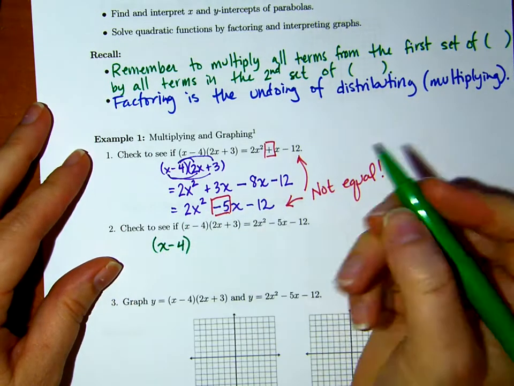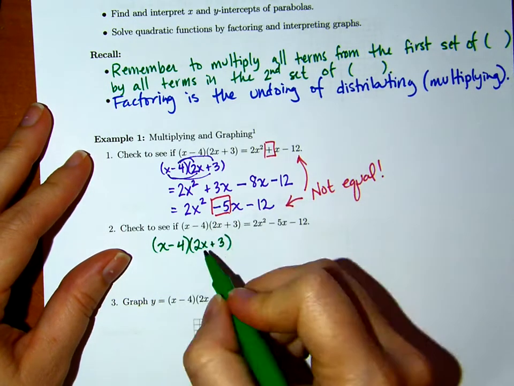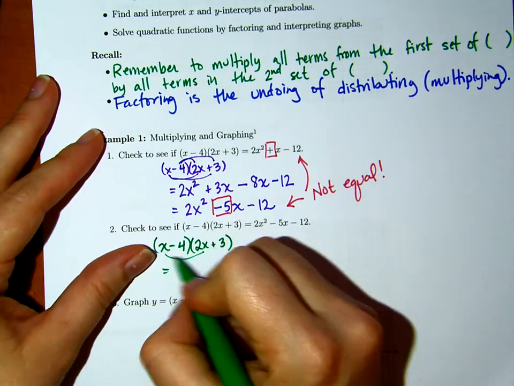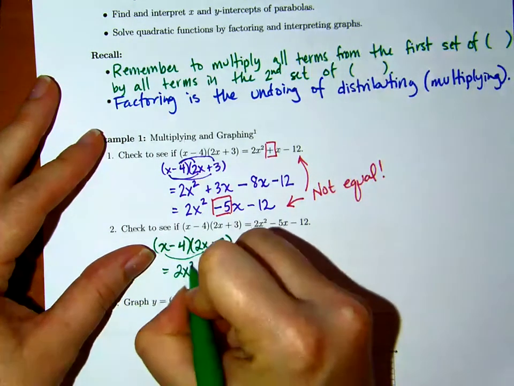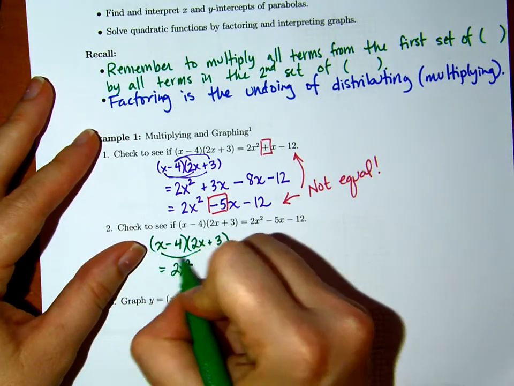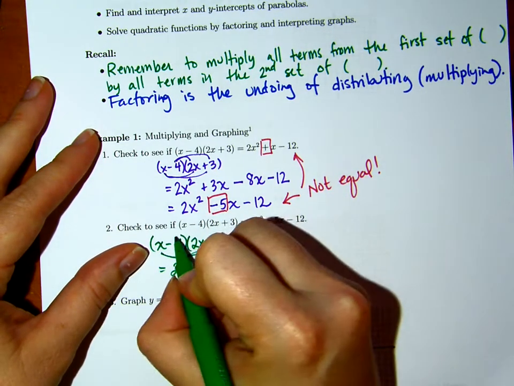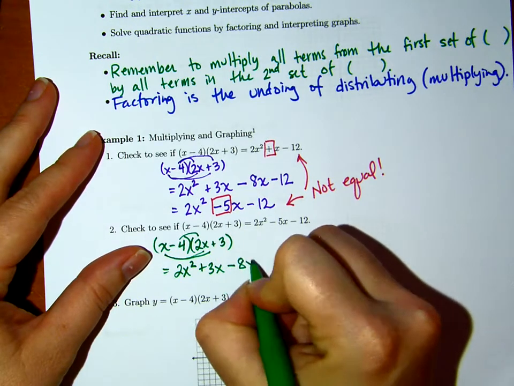The factor x minus 4 times the factor 2x plus 3. Okay, I see x by 2x, and an x by x is an x squared, so there's 2 of them. And I see x by 3, which is the same as 3 by x. And I see 4 sets of 2x, opposite style.